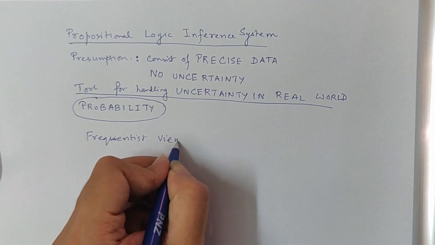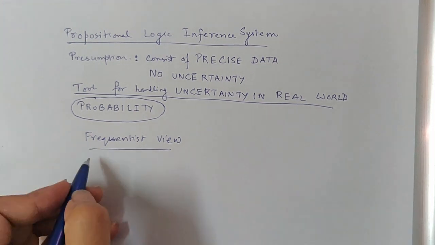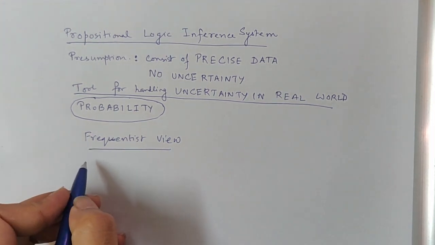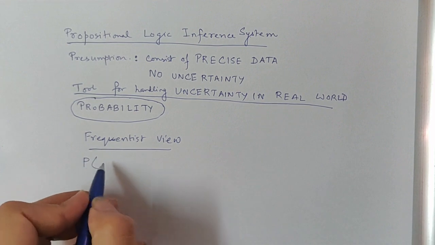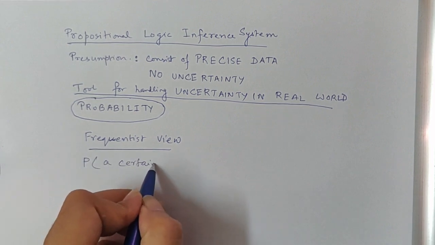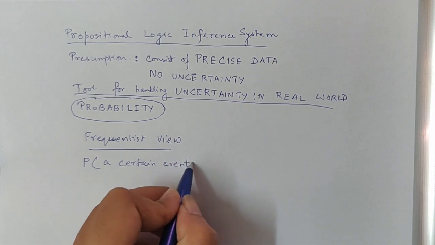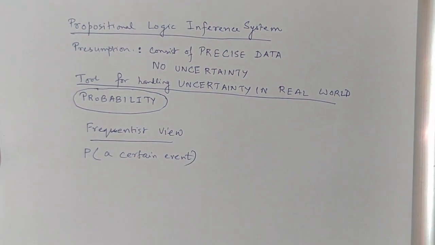frequentist view. What is the frequentist view? The frequentist view is, for example, I ask you what is the probability of a certain event. What is the probability that a certain event occurs?